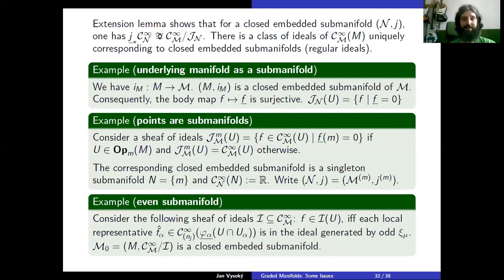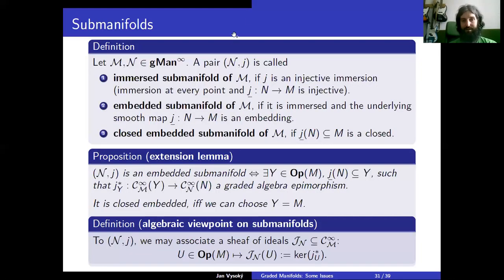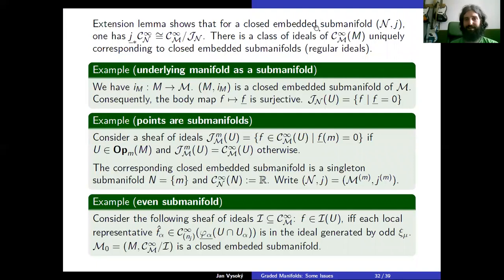And this extension lemma in fact shows that if N is closed and J is a closed embedded submanifold, then you can basically view the sheaf of functions on your closed embedded submanifold as a quotient of the ambient sheaf by this ideal. It has to be pushed forward because they are not sheaves on the same topological space, but that is not really important. So you can really calculate all the algebras here using this ideal.